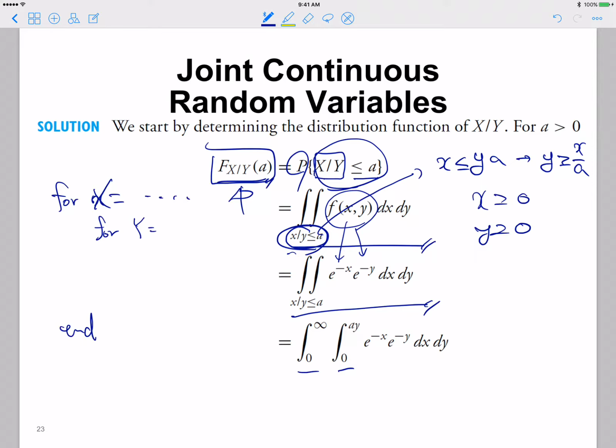Sorry, in this example they put y here as the outer loop.